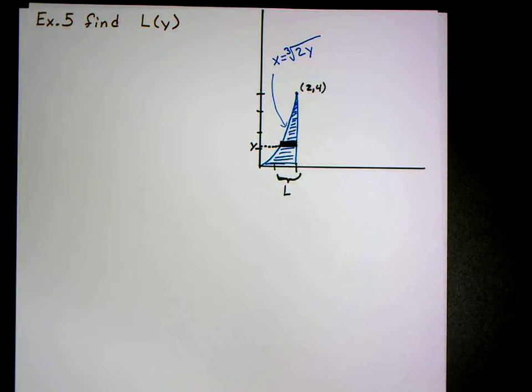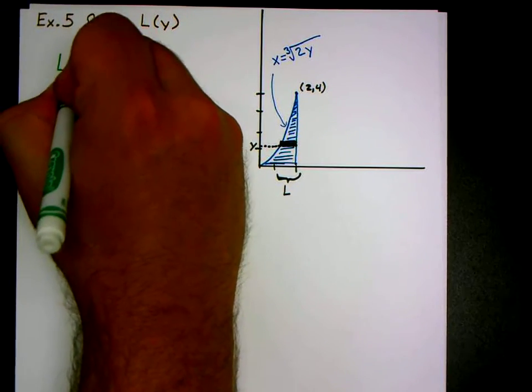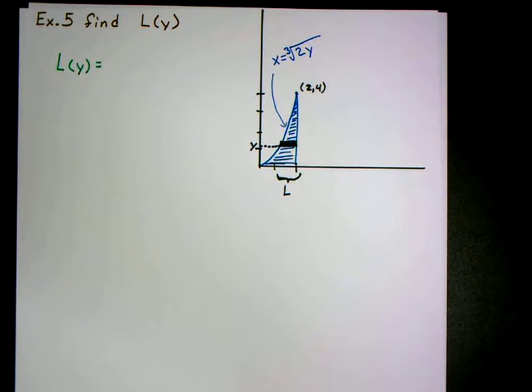Okay, so this one messes with people because you're used to working with the x values. This one is asking for a function in terms of y, because we want the length. We want to go sideways. Any guesses to what L of y would be?